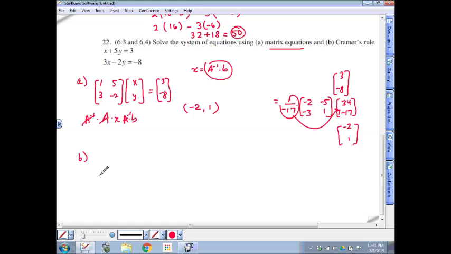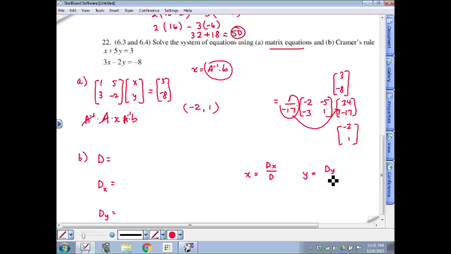Now since we're solving the same system of equations again, we should expect to get the same answer. We just solve it using a different method. For part B, we use Cramer's rule. Cramer's rule is essentially just finding a bunch of determinants, and then once you have found the determinants, the x value is d sub x divided by d.